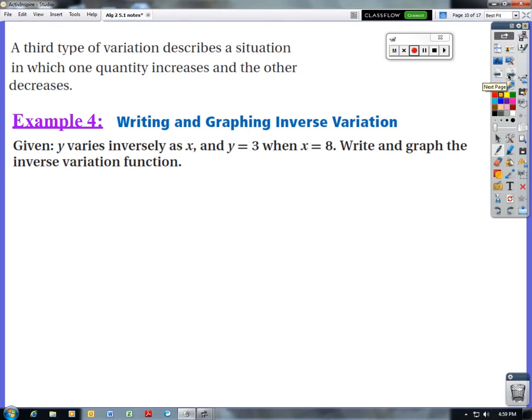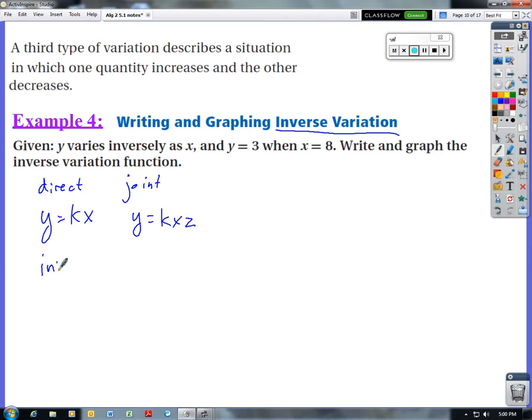So we've done direct, we've done joint, and now we're doing something else. We're doing inverse. Inverse variation. So a little bit of review. For direct variation, the formula was y equals k times x. For joint variation, the formula was y equals k times x times z.